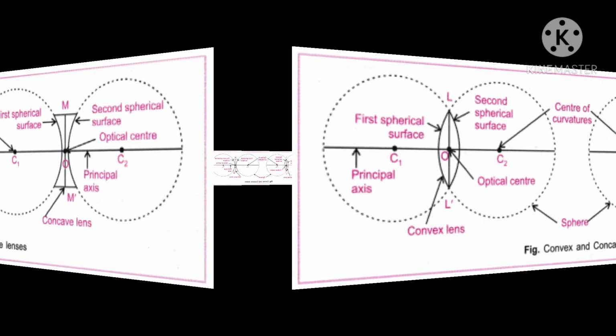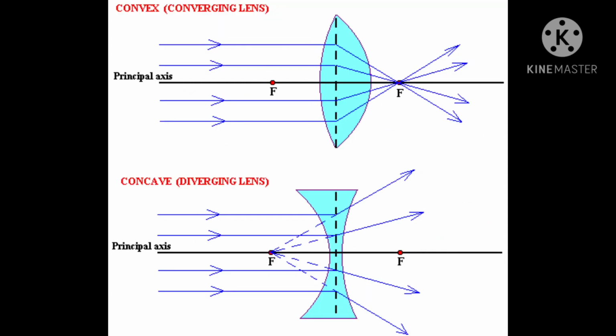The principal focus of a spherical lens is the point on the principal axis at which parallel rays of light after passing through a lens meet or appear to meet. Then focal length. It is the distance between the optical center and focus of the lens.